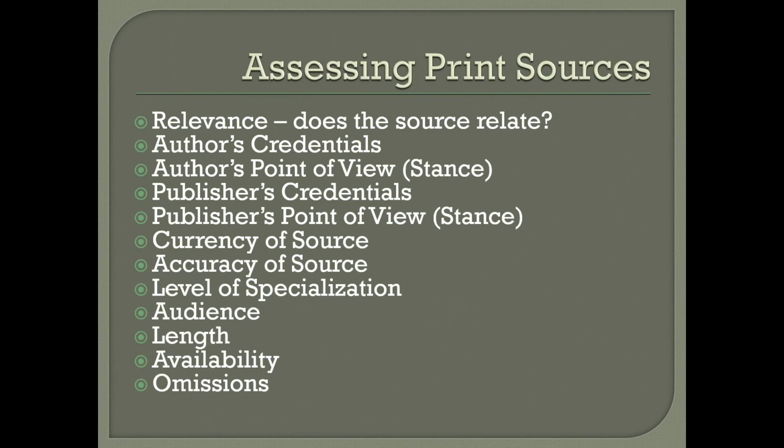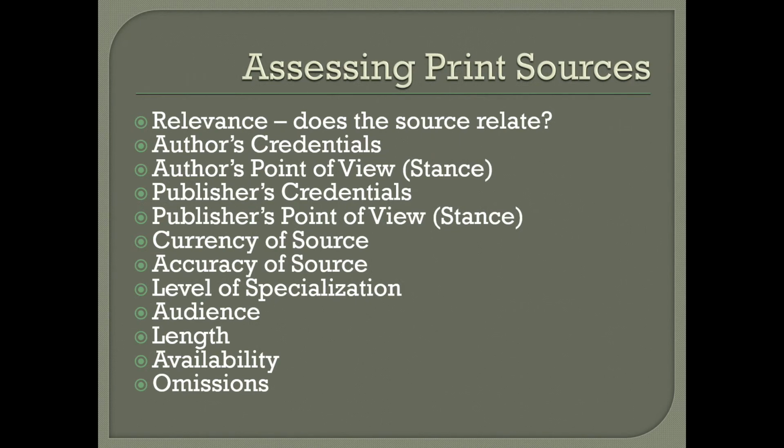We need to consider the accuracy of our source. Has our source been shown to be accurate in the past, or have flaws been found in it? Because that's going to affect whether we use it or not. Then there's the level of specialization of the source. In other words, if I'm writing a very nuanced paper on the Black Lives Matter movement, do I just want a general source on race relations in America?